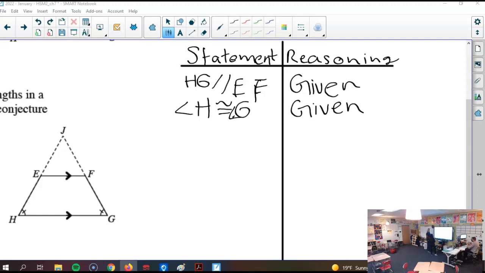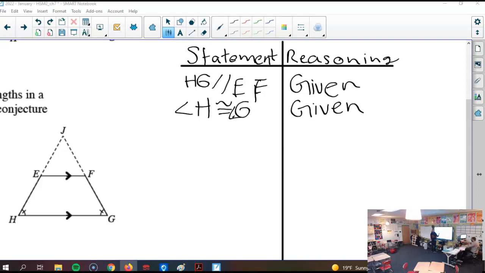How did we prove that this triangle was isosceles yesterday? By the way, remember, you're now allowed to use anything that we have proved previously. We can now use those proved statements in our proof. Last time, we proved that if you have two congruent angles, the triangle is isosceles.